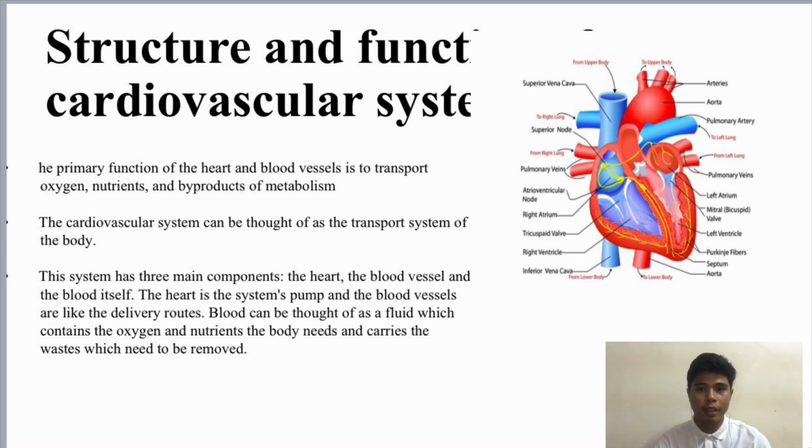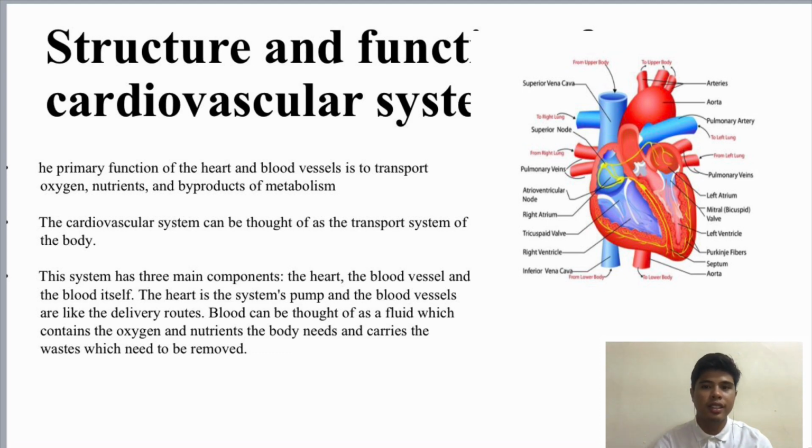First, the primary function of the heart and blood vessels is to transport oxygen, nutrients and byproducts of metabolism. Number 2, the cardiovascular system can be thought of as the transport system of the body. Number 3, this system has 3 main components: the heart, the blood vessels and the blood itself.